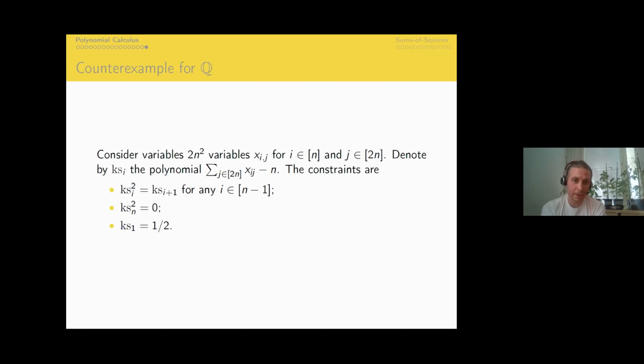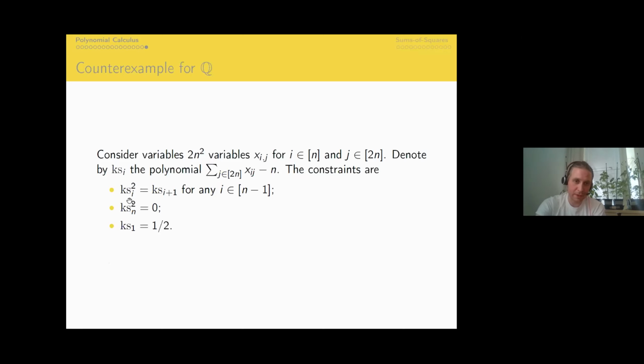So the counterexample is as follows. You have 2 times n squared variables and many copies of a basic knapsack constraint.